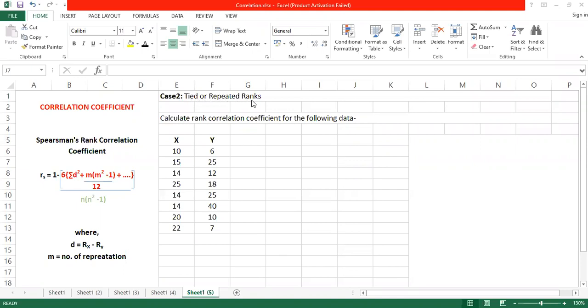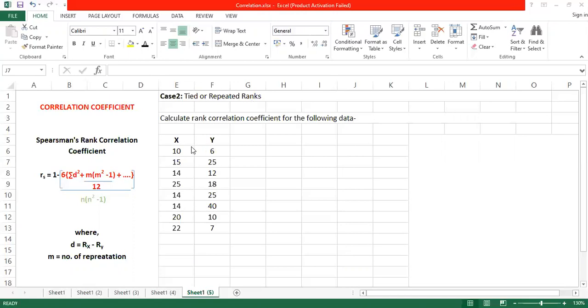Right? Recall our case 1 where we said non-repeated ranks, and in the problem none of the ranks have been repeated. That means we never had values of the same magnitude, right?